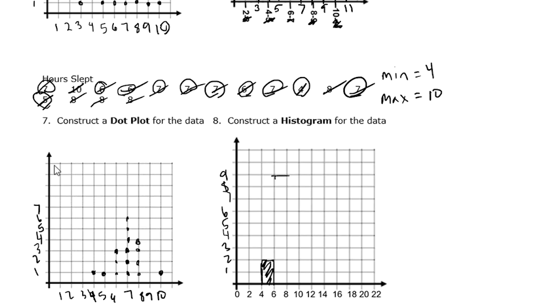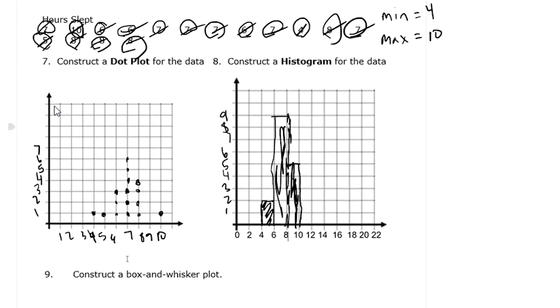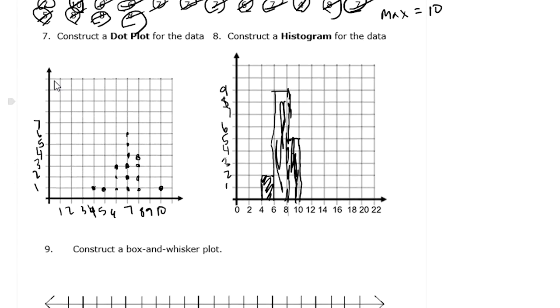So that's all the way up here between 6 and 8 hours of sleep, but not 8. So let's go to 8 to 10. So that's 8, 9, and 10. So that's 1, 2, 3, 4, 5. And there's our histogram. Okay. Over here in the dot plot, it's a little more spread out. Over here in the histogram, it's more clumped together.